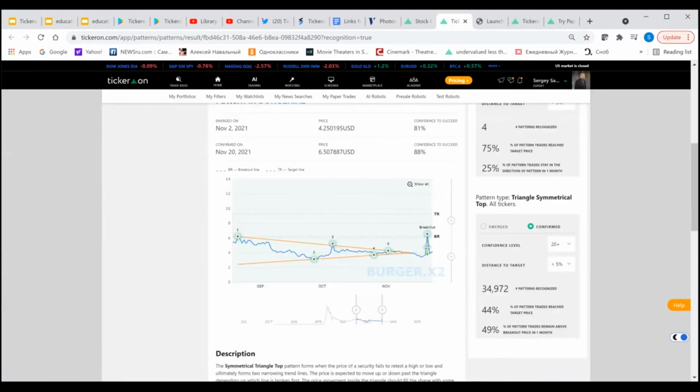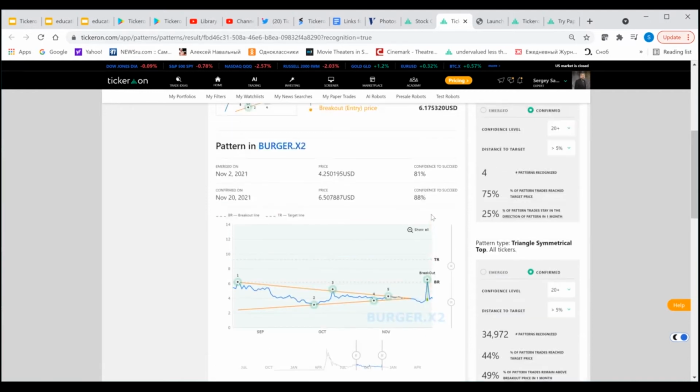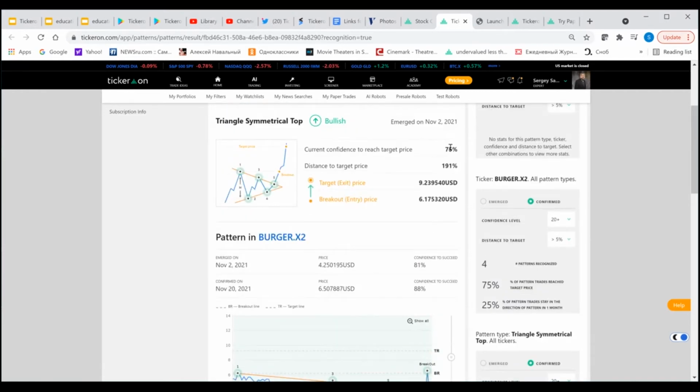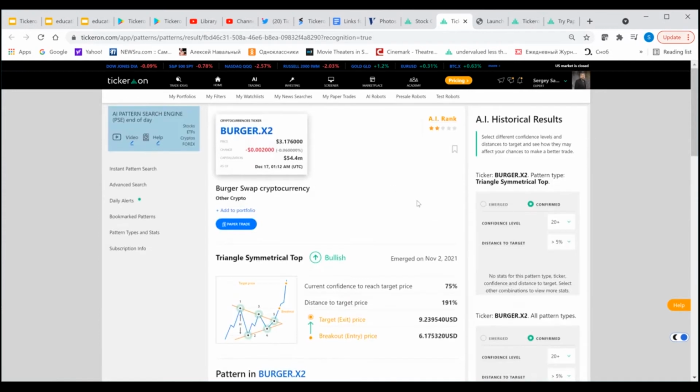You see, it got to the breakout and came back, which means it's supposed to go here. We give you the updated confidence level, still 75%, with a distance to target of 191%. That's the profit. That's how to use the patterns.